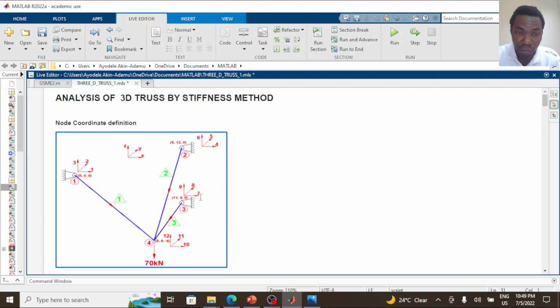So there is no freedom in the 3 directions. So it means that for 1, 2, 3, 4, 5, 6, 7, 8, 9, we need to add a large stiffness to denote our support at those directions.